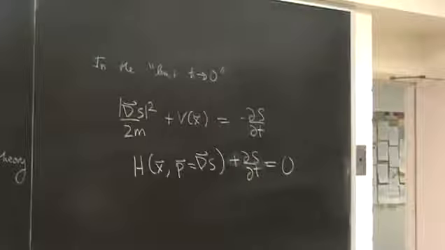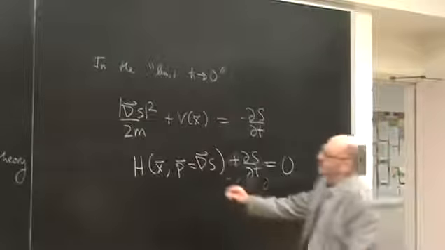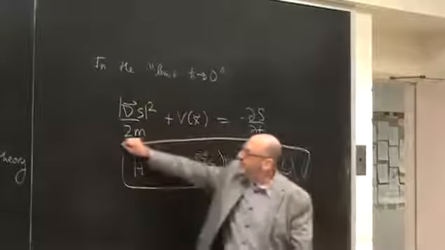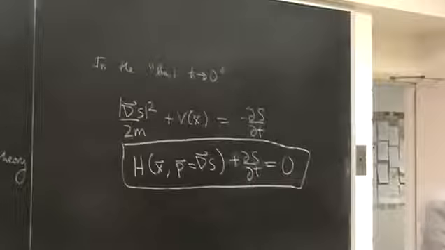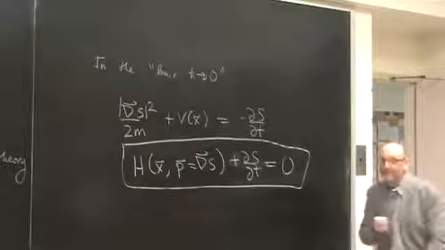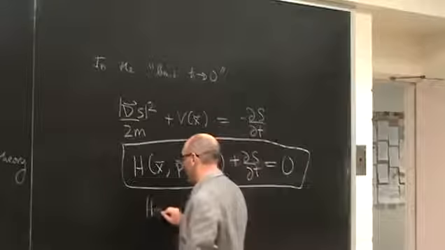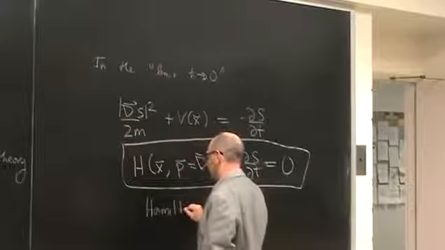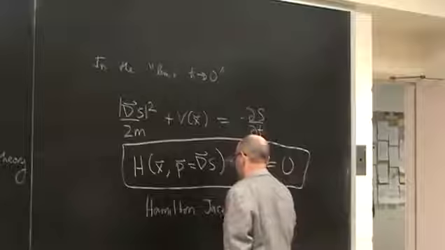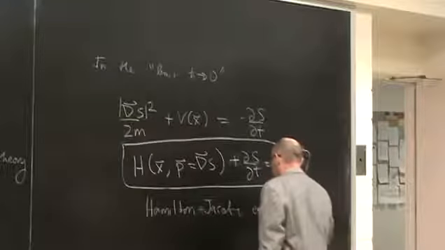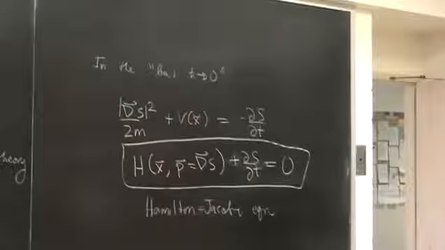This equation actually has a name in classical mechanics. You probably haven't studied it, and you probably never will because you never take 503 anymore. But it's an important equation in classical mechanics, and it has a name. It's called the Hamilton-Jacobi equation. What is the Hamilton-Jacobi equation?